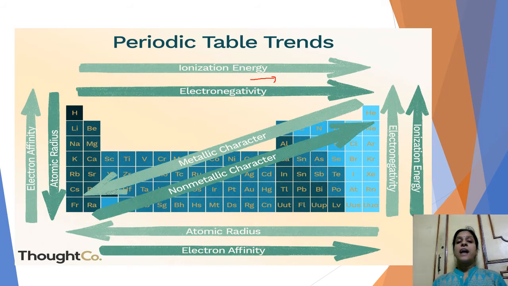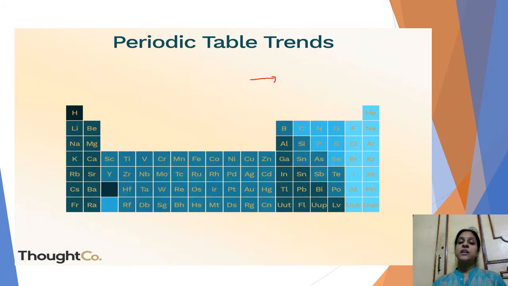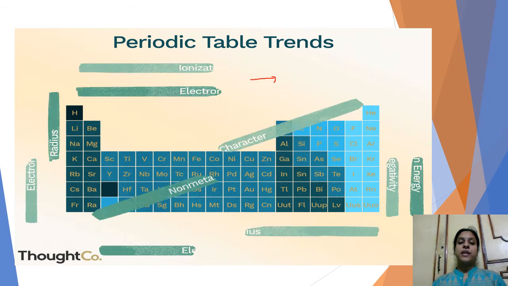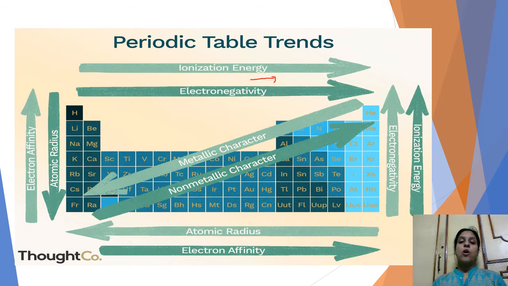Okay? So that goes on increasing when we move across a period. Whereas if we are talking about down the group, then electronegativity and ionization enthalpy both go on decreasing on moving down the group.